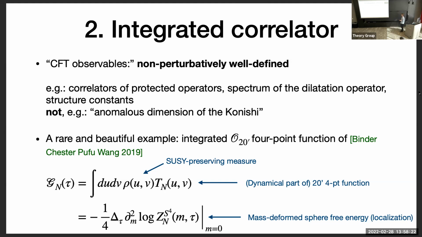I take the dynamical part, so I strip off the GFF part of the 20 prime four-point function, and I integrate it over Euclidean space, where U and V are cross ratios here, with respect to some measure that preserves supersymmetry. Because it preserves a sufficient amount of supersymmetry, this observable also admits a representation as a derivative of a mass-deformed sphere free energy, which you can compute from localization.